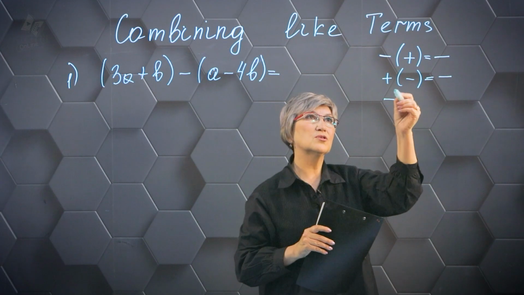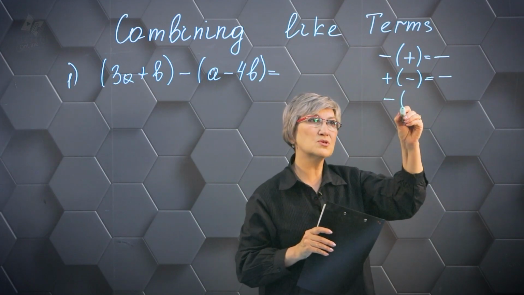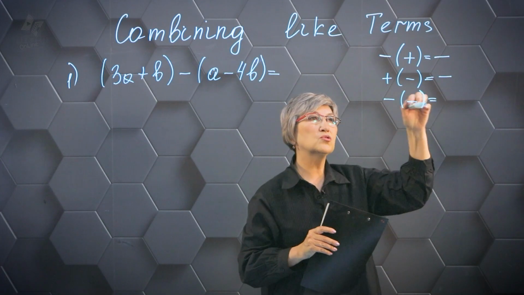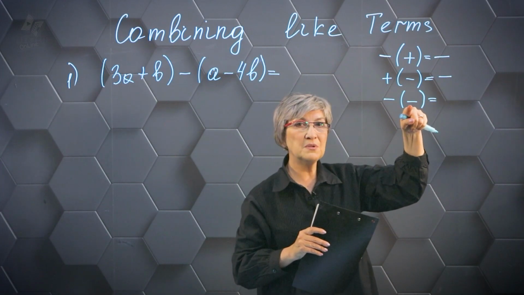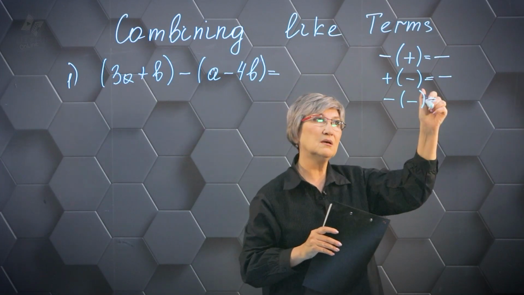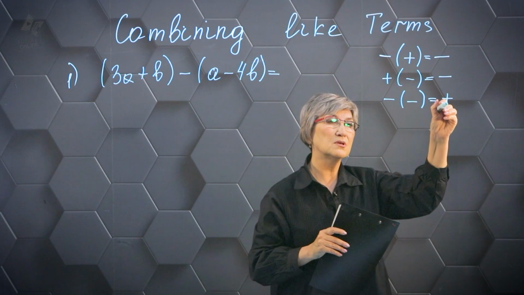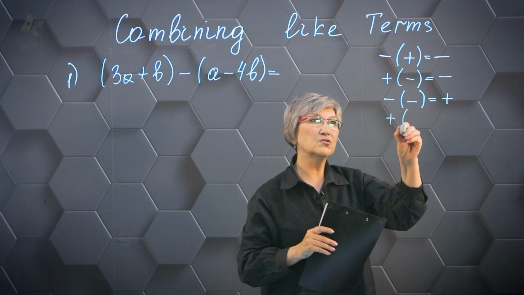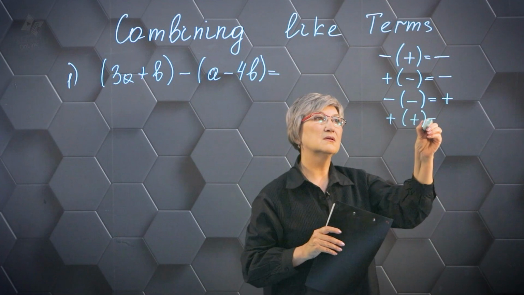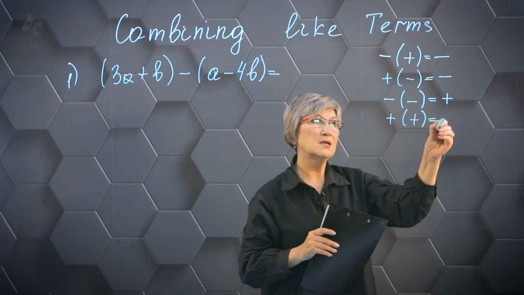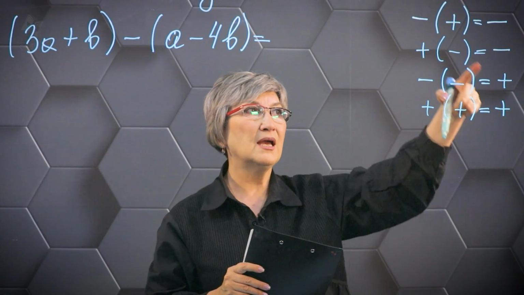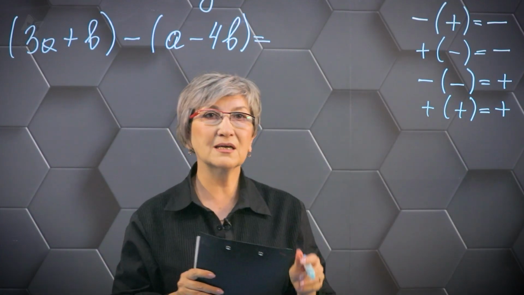If again we have a minus sign in front of the parenthesis and the sign inside is also minus, then the sign changes to the opposite, and we get a plus. And if there is a plus sign in front of the parenthesis and a plus inside, the result is a plus sign. By applying these rules, we can open parentheses.